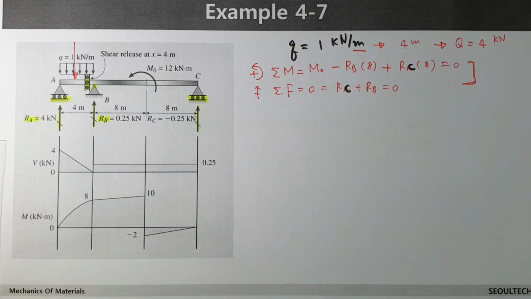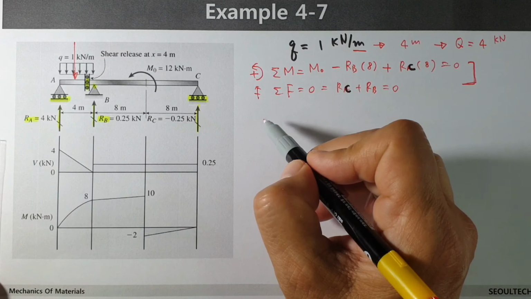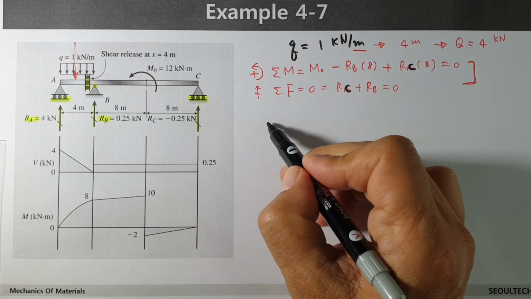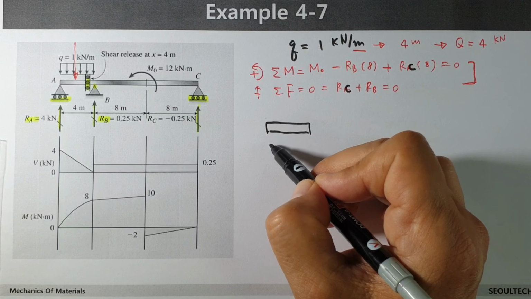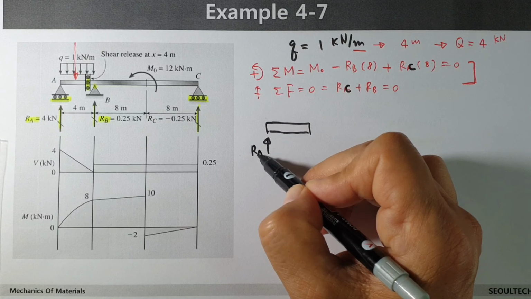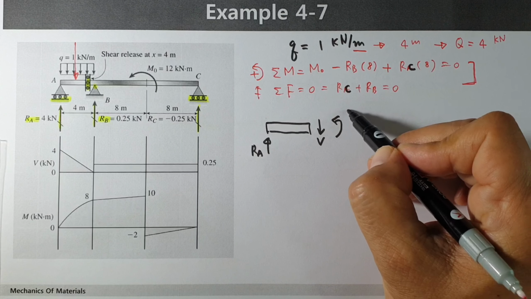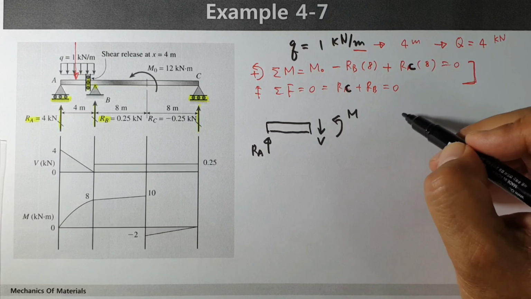And next one, we can consider shear force. On the left side, to draw free body diagram is like this one, and here RA value, and downward direction V, and this direction is positive M. Okay, V equals what?